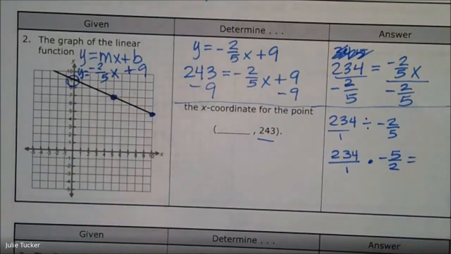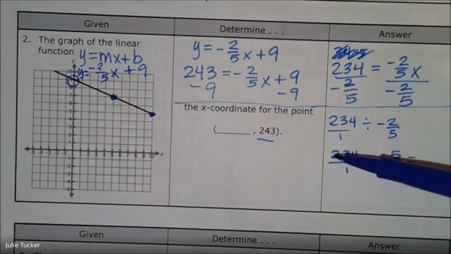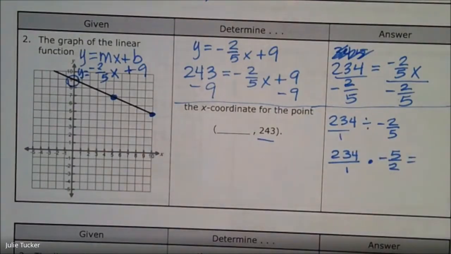And then don't you have to multiply straight across? So I need to know, what is 234 times 5? Can you do that on a calculator, please? 234 times 5.